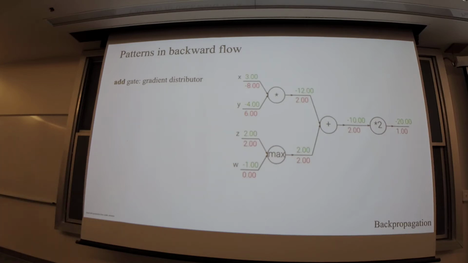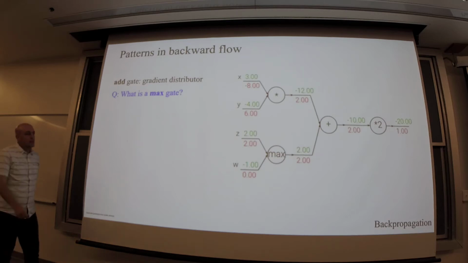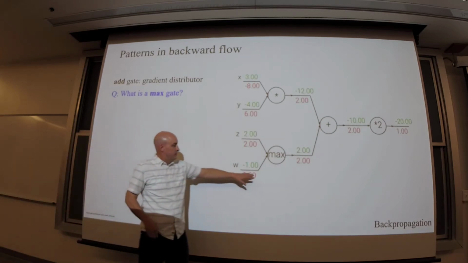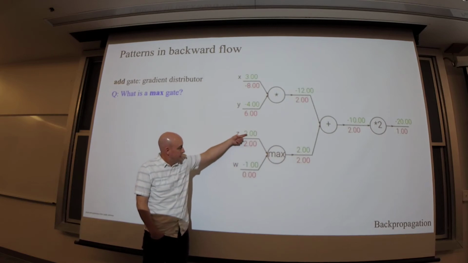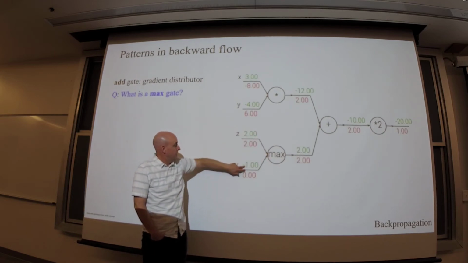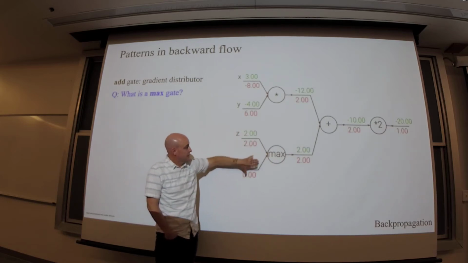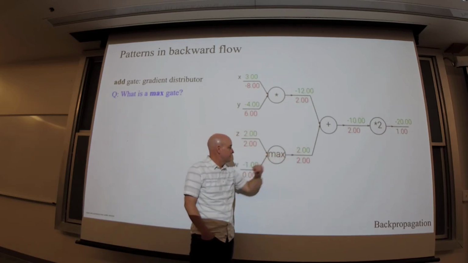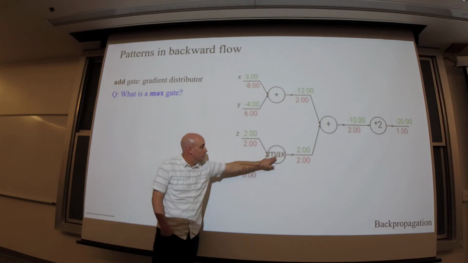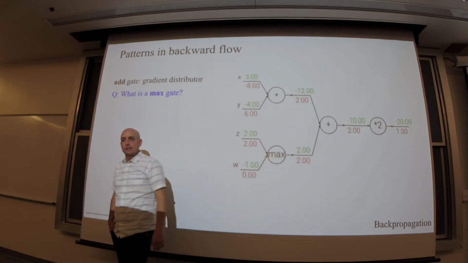How about max? So a max operation. Here's a simple example. You have a 2 and a -1. You take the max of those, that's obviously 2. So what's the derivative of the max function?